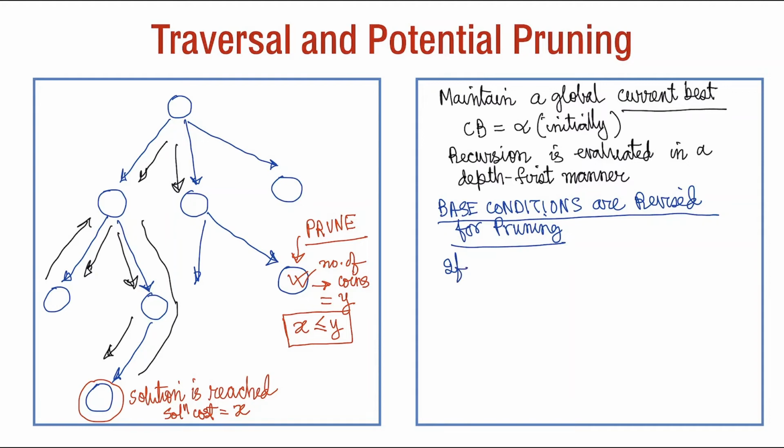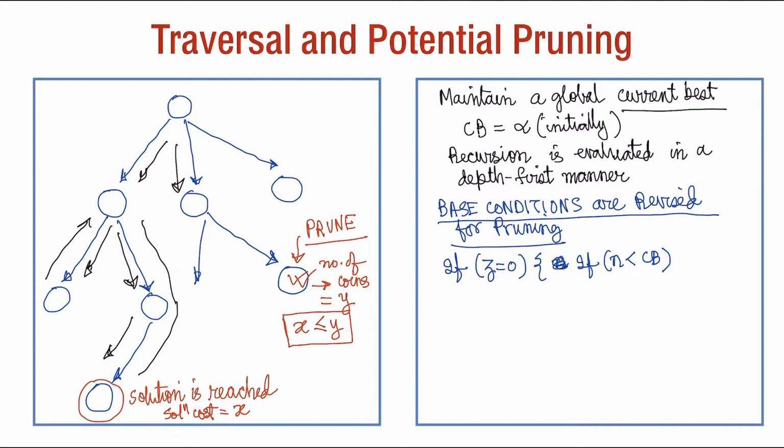If z equal to 0, then we now check if n, which is the solution at z equal to 0, is less than CB.